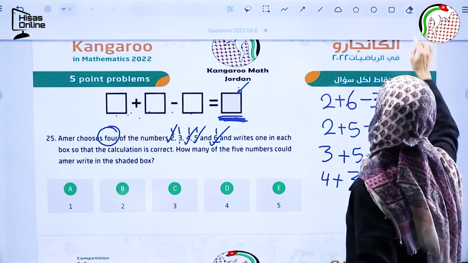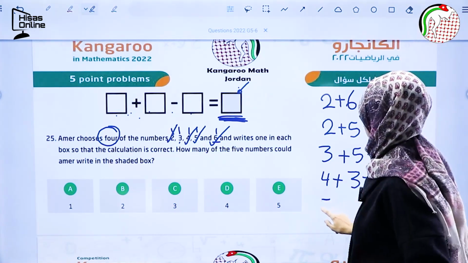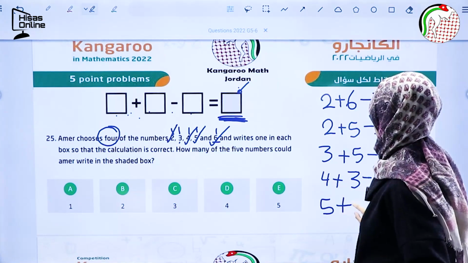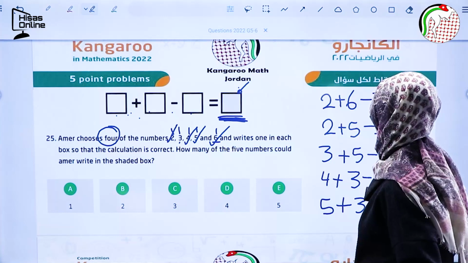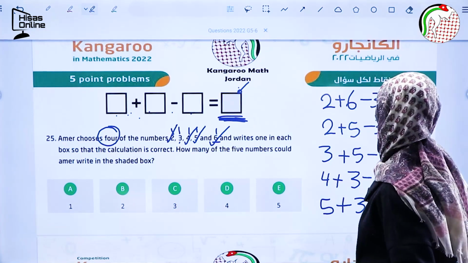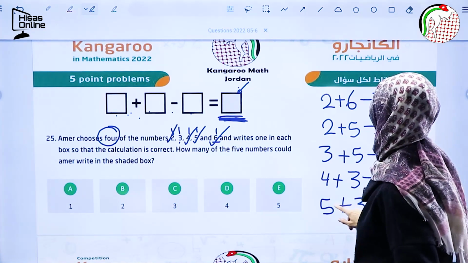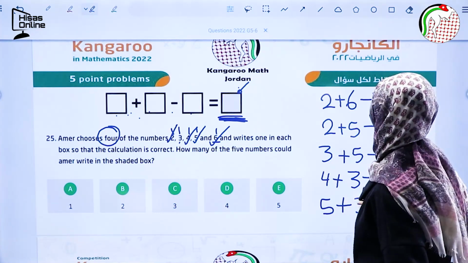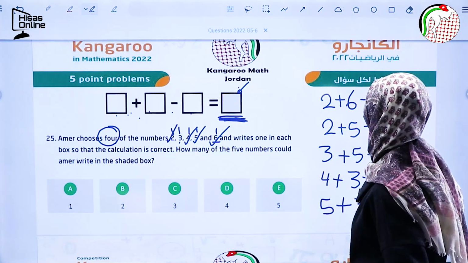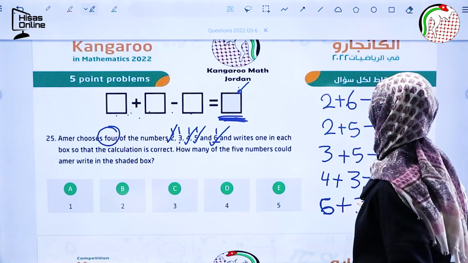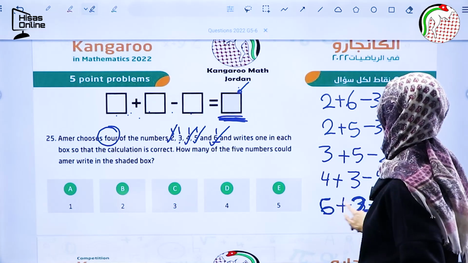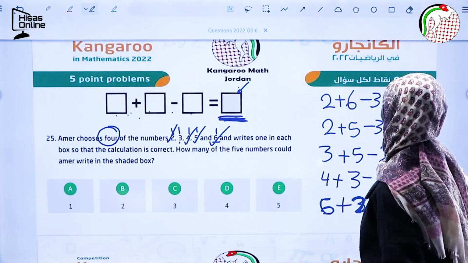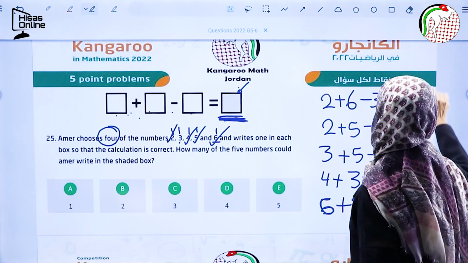Maybe we may use 5 plus 3, that makes 8. 8 minus 4 is 4 again. Maybe 6 plus 2. 6 plus 2 minus 4. That makes 4 again.